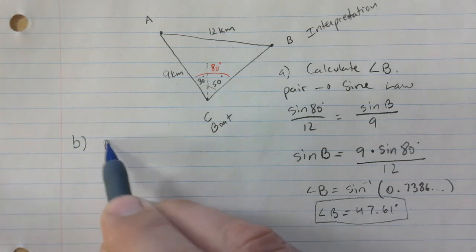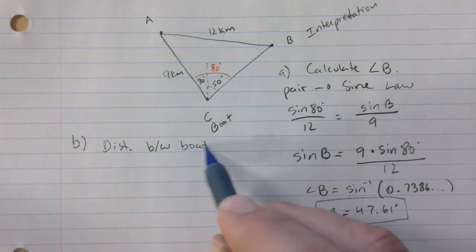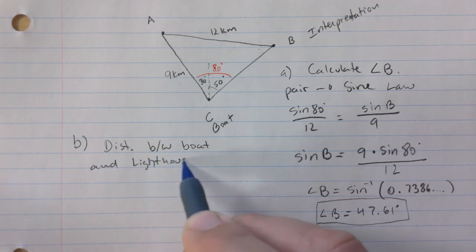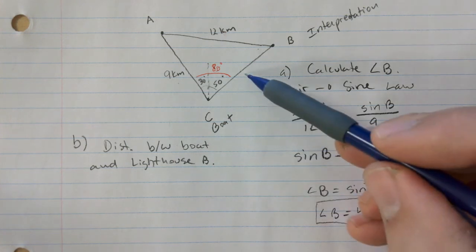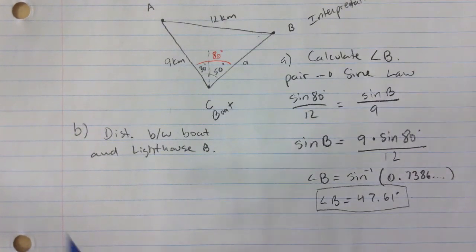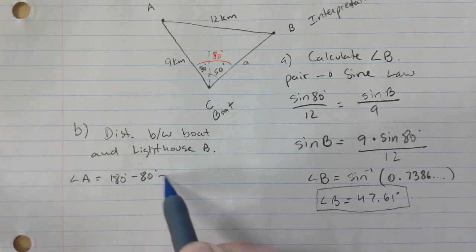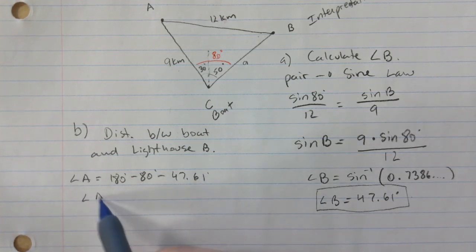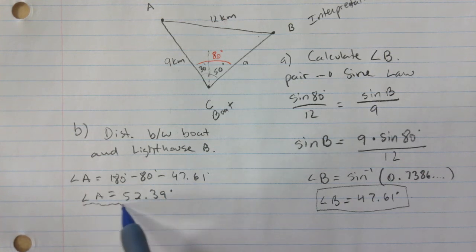Part B is the distance between the boat and lighthouse B. They want essentially lowercase a. We have to find angle A first. Angle A is 52.39. I'm going to underline that because it's important.